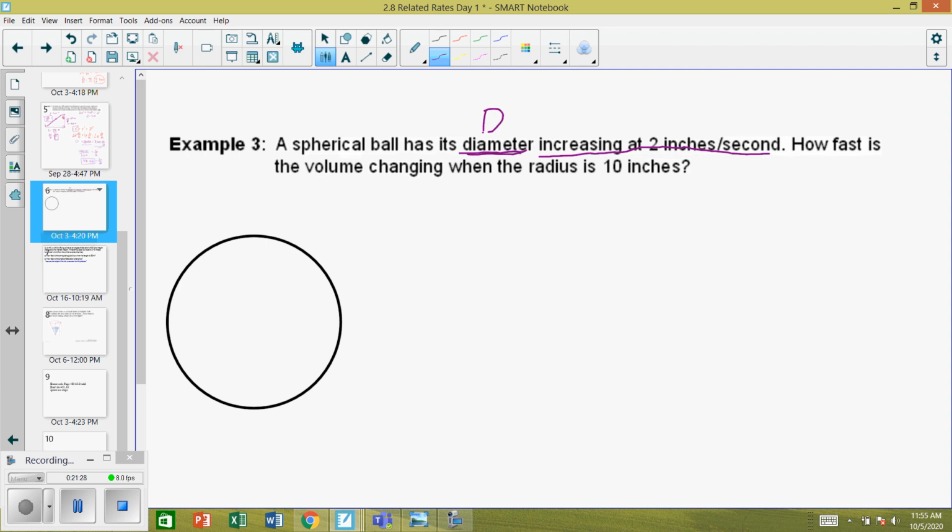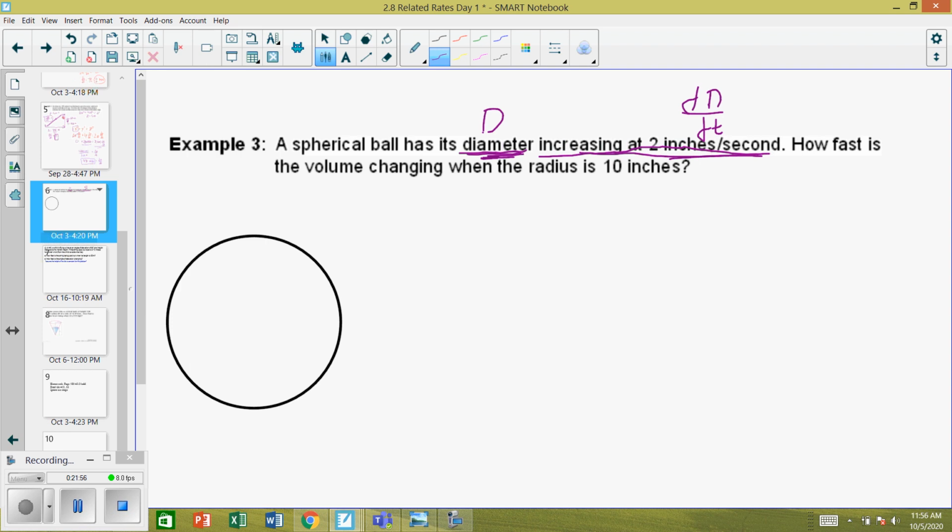If they give you a specific variable and they're telling you the rate of change of that variable, I don't think it matters so much in this problem, but it will in the future. Always make sure, like here, we're given capital D over dt. We're given the rate at which the diameter is changing. And it wants to know how fast the volume is changing when the radius is 10 inches.